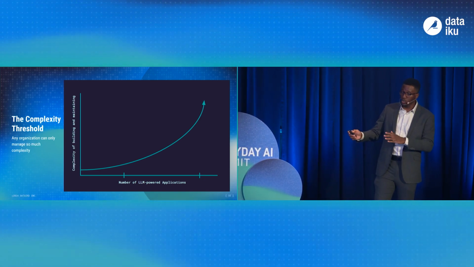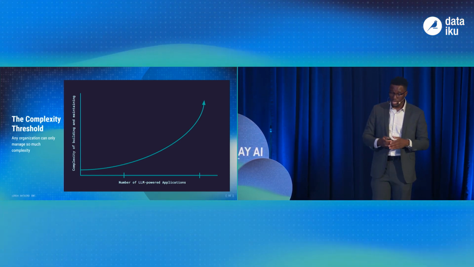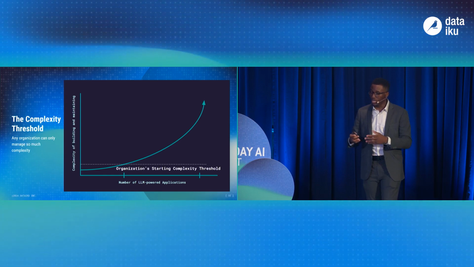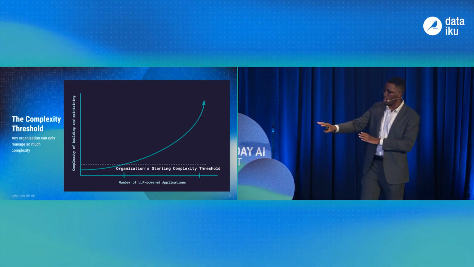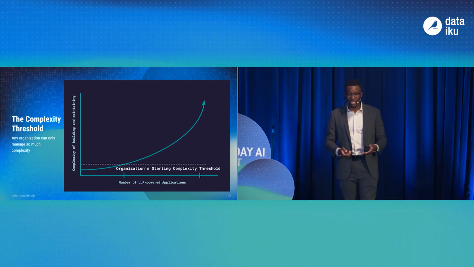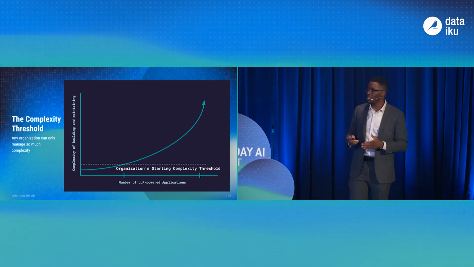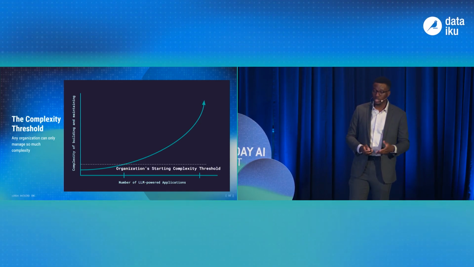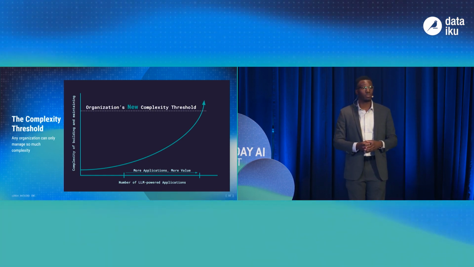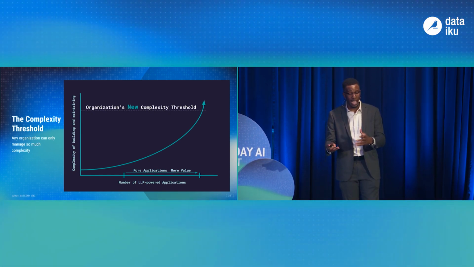And with each new application adding more complexity to the overall suite of applications, we can imagine that an organization's starting threshold is somewhere around here, which means that they can't build any more applications than that. The thing is, there are ways that an application can raise its complexity threshold. And by raising its complexity threshold, an organization is able to develop more applications and deliver more value from AI.